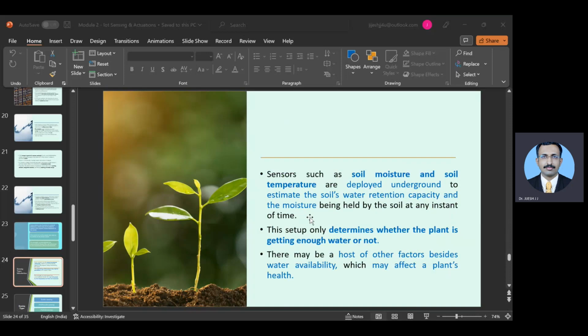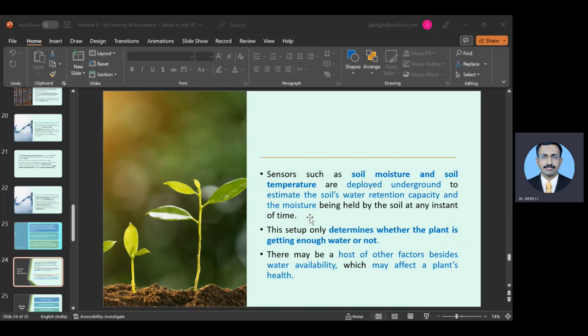If you deploy the moisture sensor and temperature sensor inside the soil, you get continuous monitoring of moisture as well as temperature. It will be deployed to estimate the water content and the moisture available in the soil and determine whether the plant is getting enough water or not.